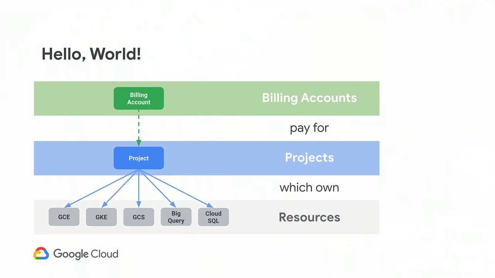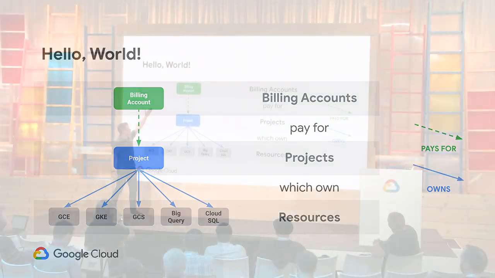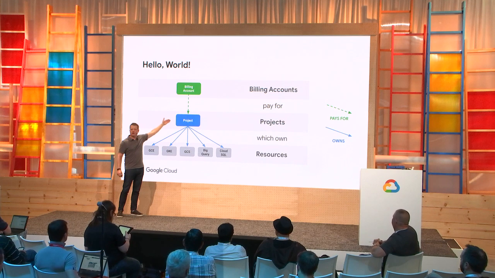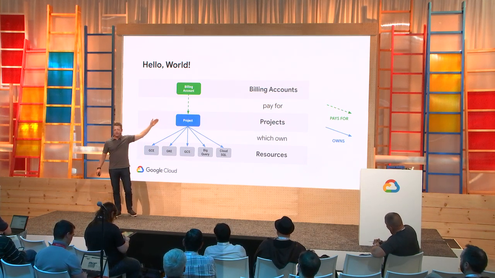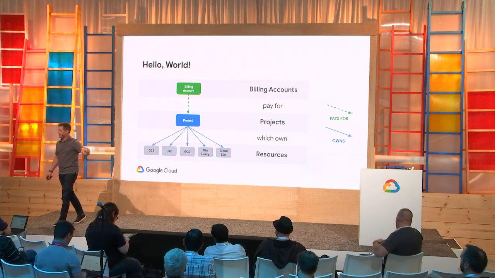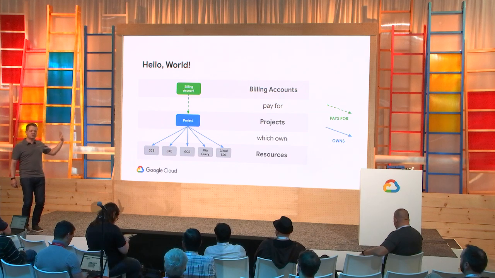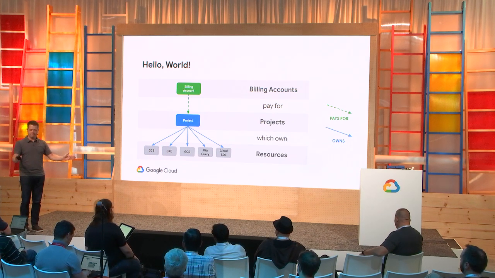And I've drawn 2 different color lines here for a reason. The green dotted line on top is pays for. The billing account pays for all of the usage within a project. Separately, the project owns the resources contained within it. I drew two color lines because the permissions on your billing account and the permissions on your project are separate.